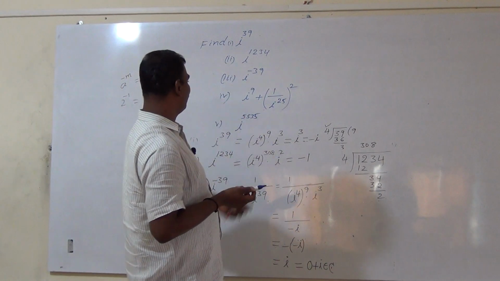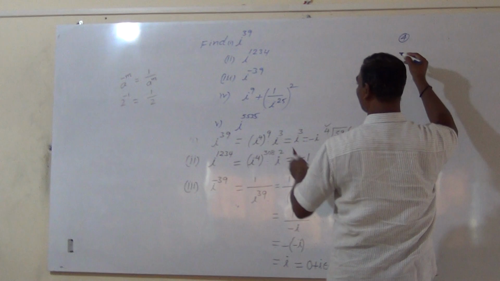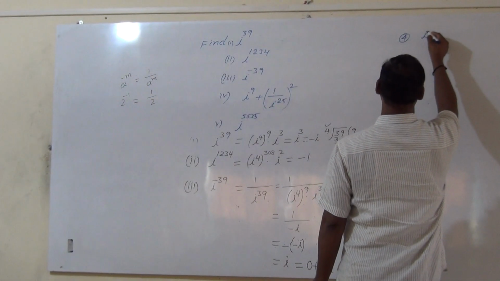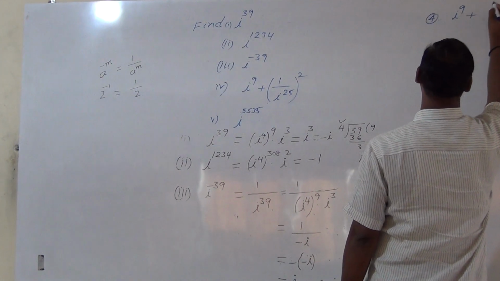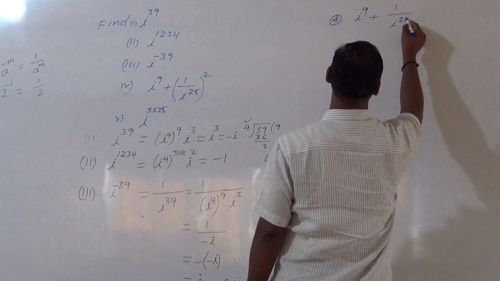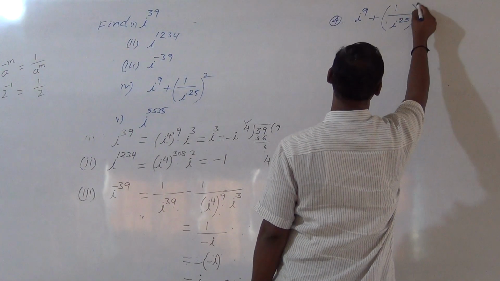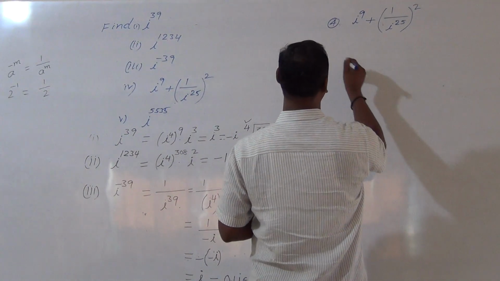Now let us take the fourth example. Example 4: i raised to 9 plus 1 divided by i raised to 25, whole square, given. We are using the same method.